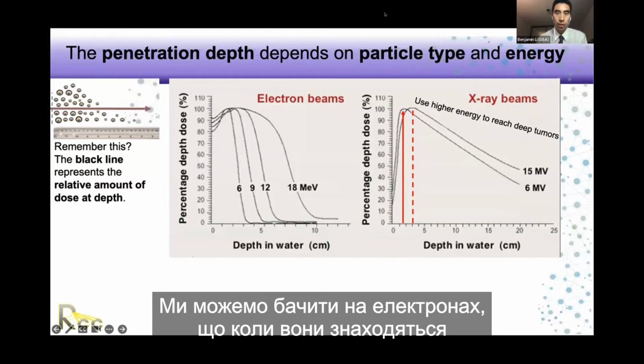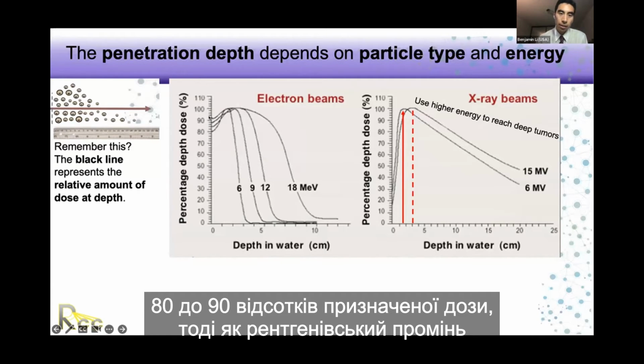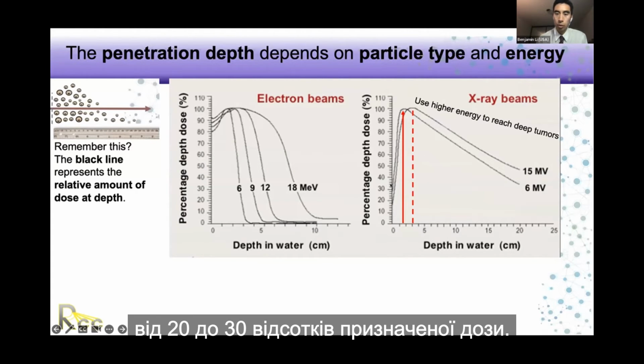We can see with electrons, at the beginning at 0 centimeters, it's at 80 to 90% of the prescription dose. Whereas an X-ray beam in the very beginning at 0, it's only at 20 to 30% of the prescription dose.